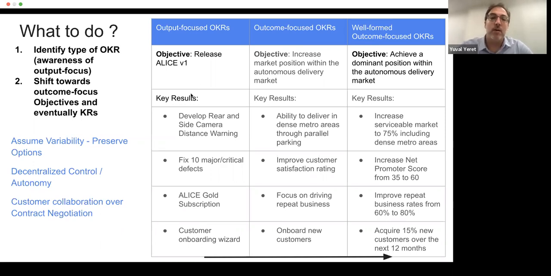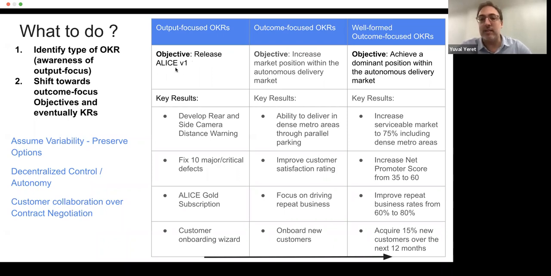You can see here on the right some examples of how you might switch from output-focused OKRs to outcome-focused OKRs. So instead of releasing a version, the more outcome-oriented objective might be, we want to increase our market position in the autonomous delivery market. That's what we're trying to achieve through this release.